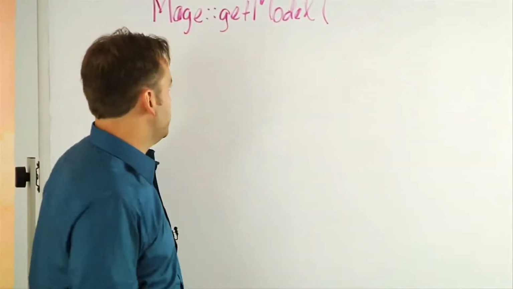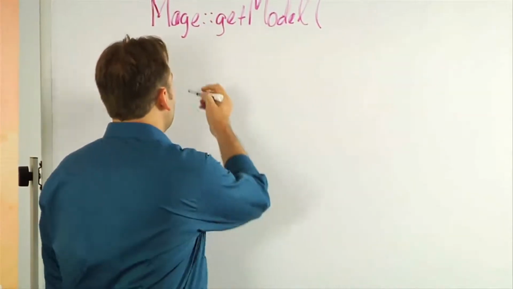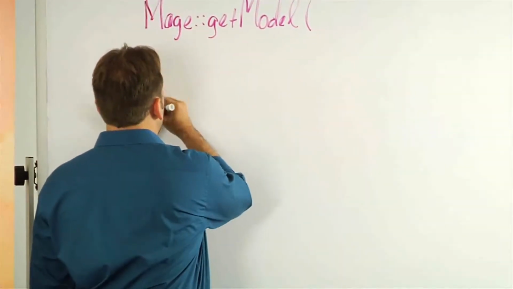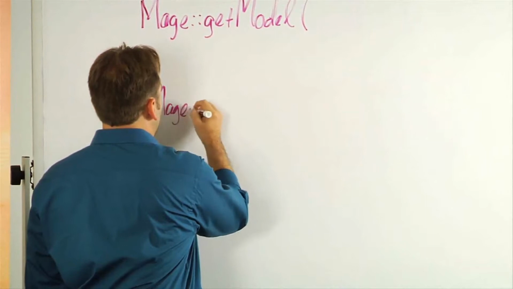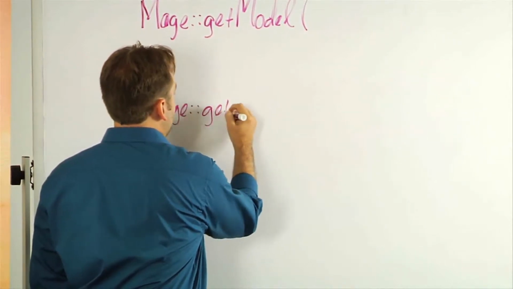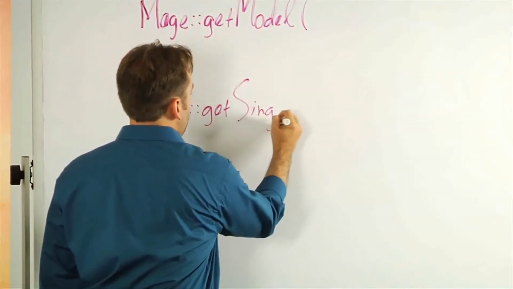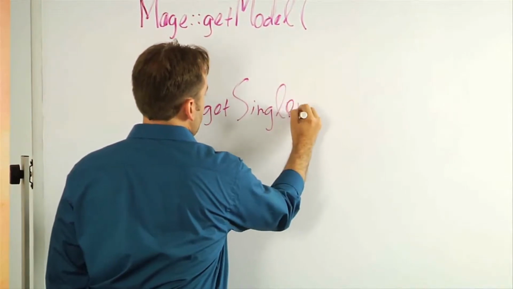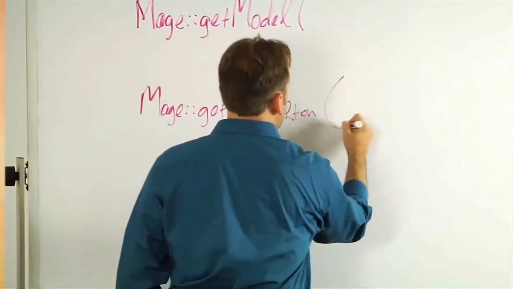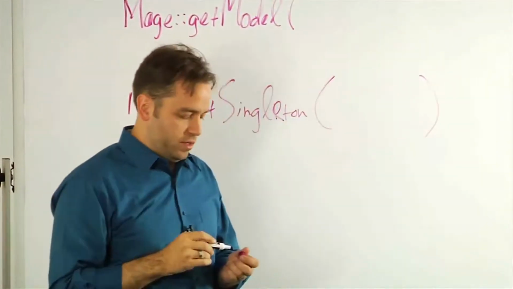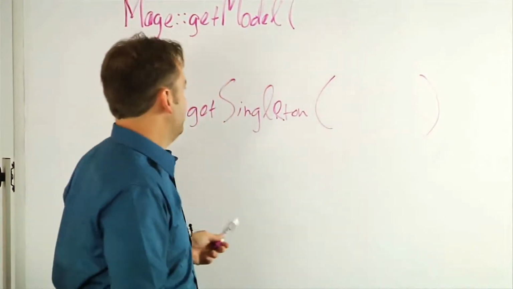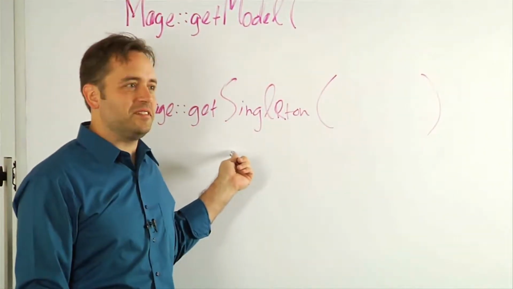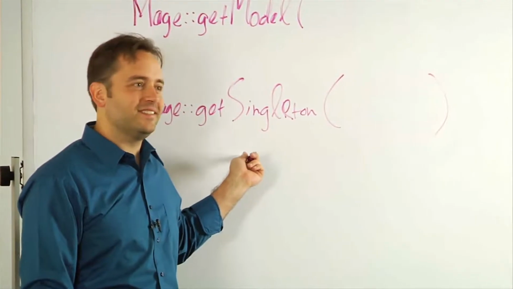Okay? So singleton is an option. So Mage get model, Mage get singleton. And of course, you could probably infer from the method name that you're going to get a singleton here.